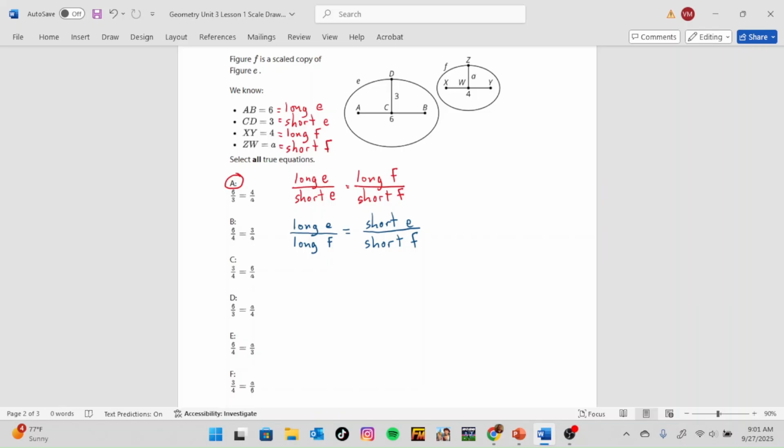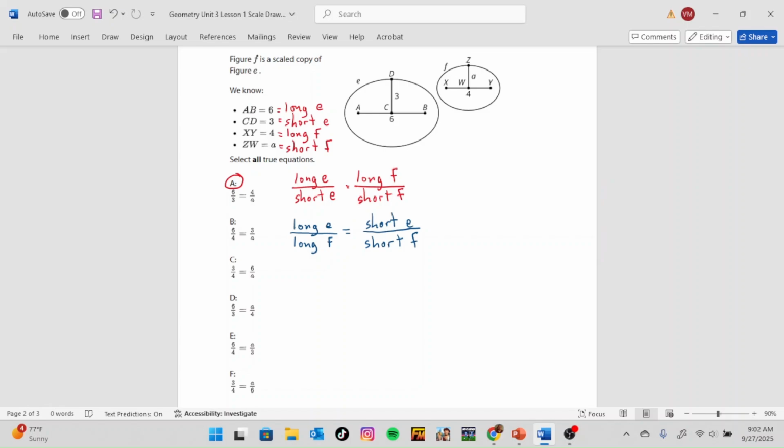As the long line grows or shrinks on one, it should do the same ratio of change on the other. As the short line on one oval grows or gets smaller, the short line on the other oval should grow or shrink by the same ratio.